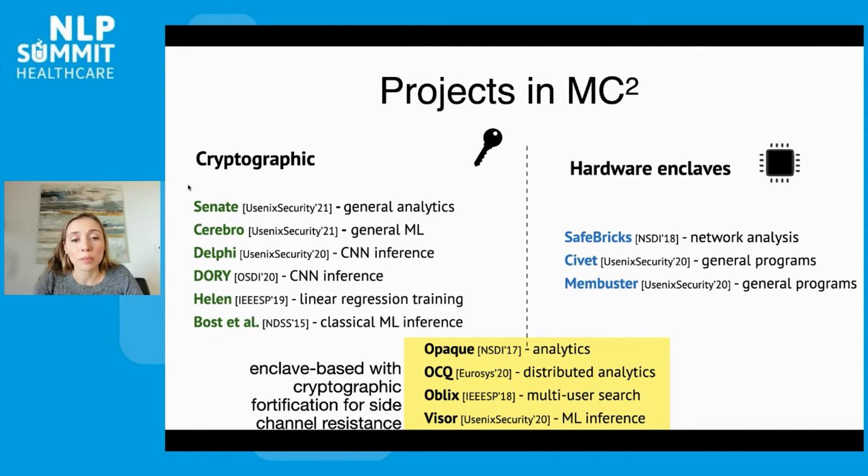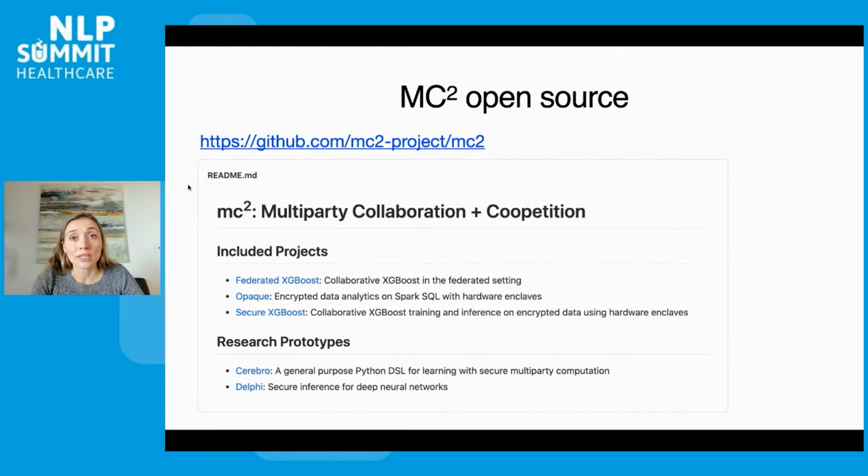So in our works in Opaque, OCQ, Oblix, and Visor, what we do is we compute using the enclaves, but we use cryptography to help us prevent against the side channels. But the computation is still fast because of the enclaves. So in some sense, we managed to recoup the best of both worlds. Our open source MC² implements this dual approach of hardware enclaves and cryptographic fortification.